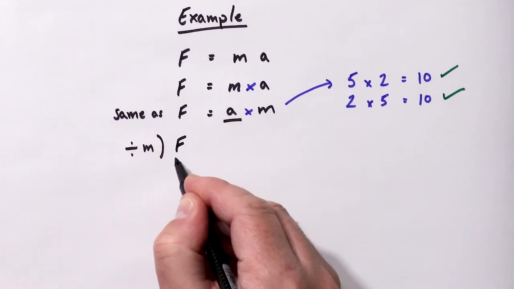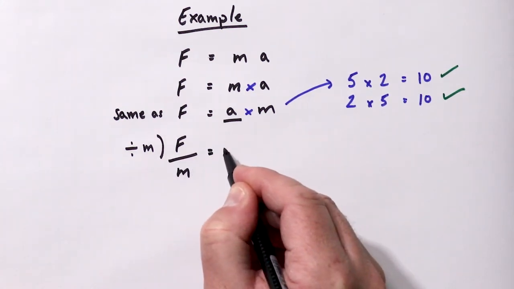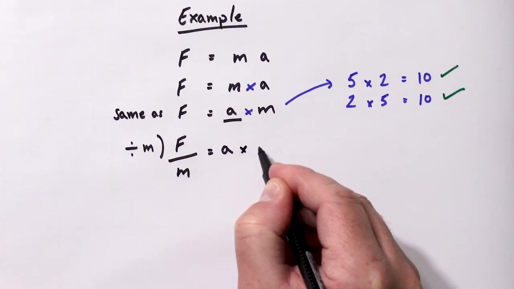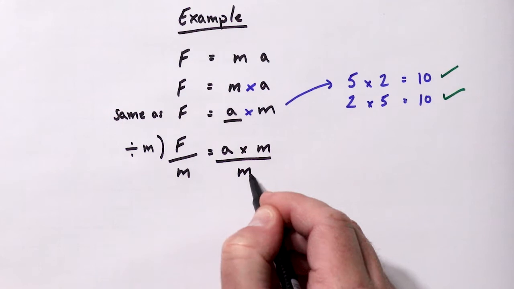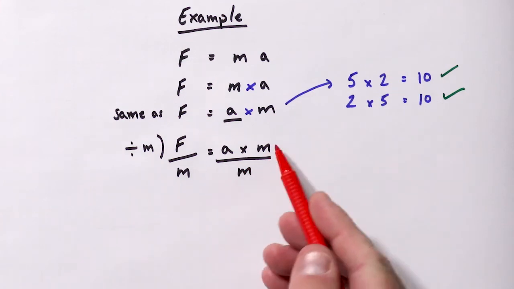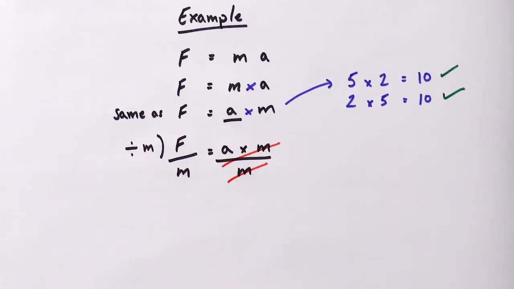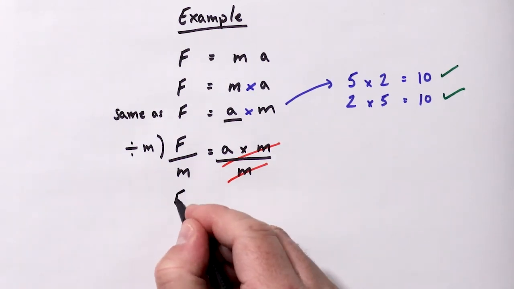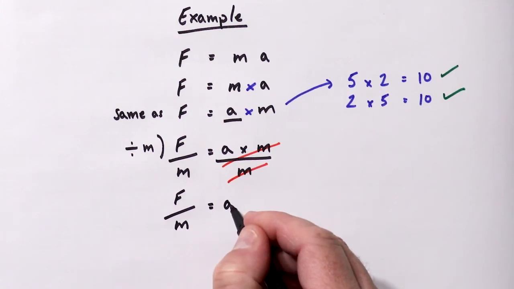So I'm going to have f divided by m, and I'm going to have a times m divided by m. Now, there's no point timesing something by m and then dividing it by m at the same time. These two cancel each other out. So I can cross that out, and I can cross that out. Which leaves me with f divided by m equals a.